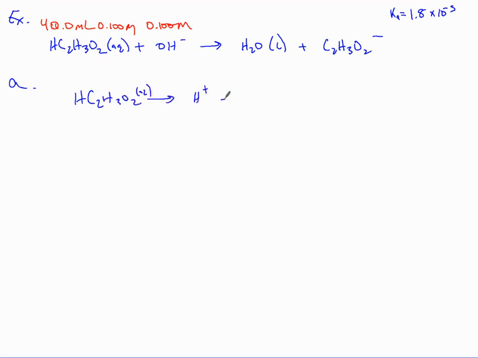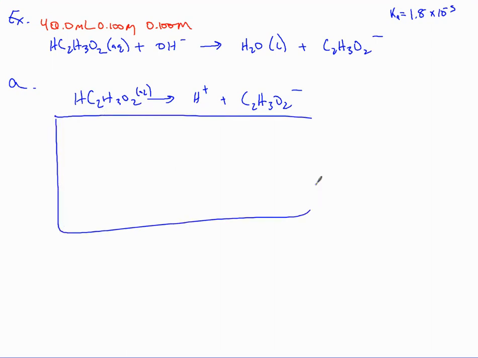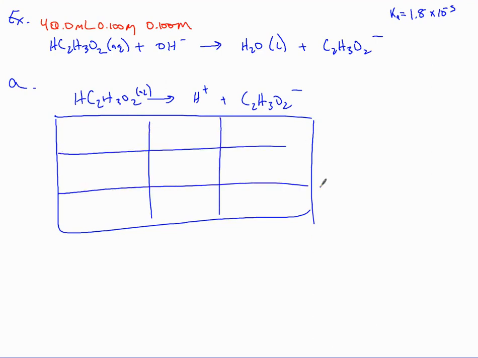This is becoming hydrogen and acetate. So we know the initial is 0.1. Since this is the equilibrium step, we don't really have to worry about volumes right now. We're just looking at concentrations. Hydrogen 0, acetate 0. None of it has dissolved yet.